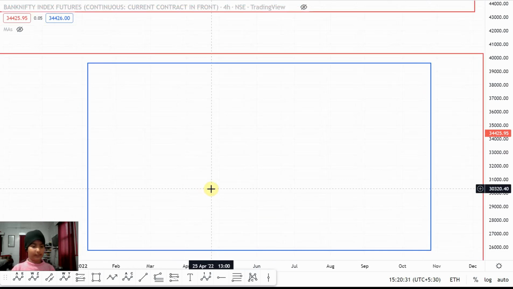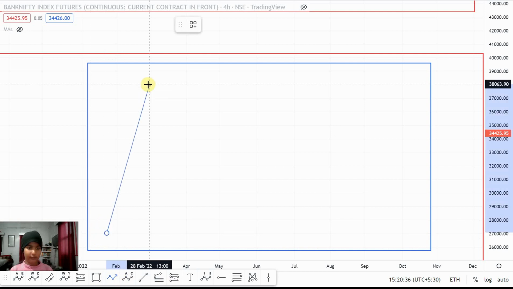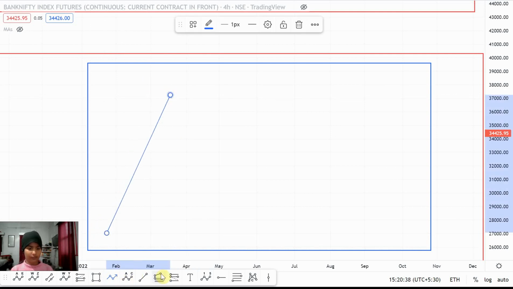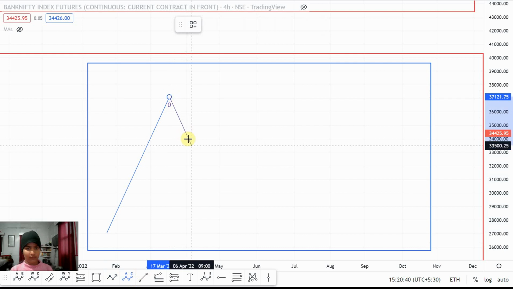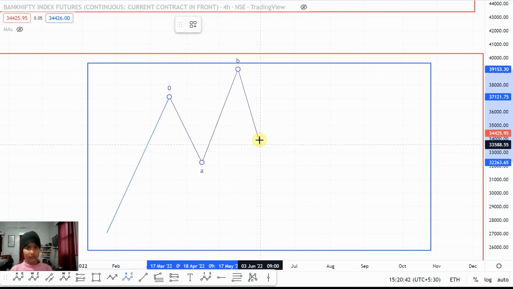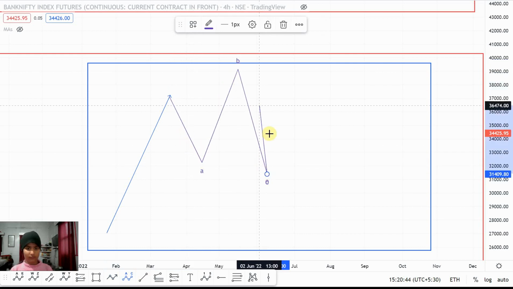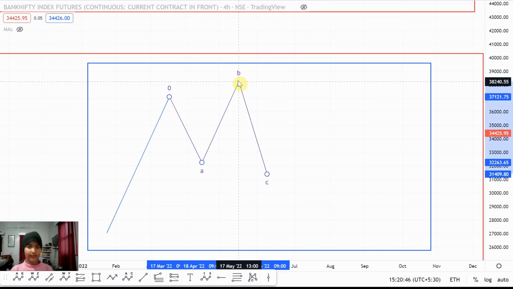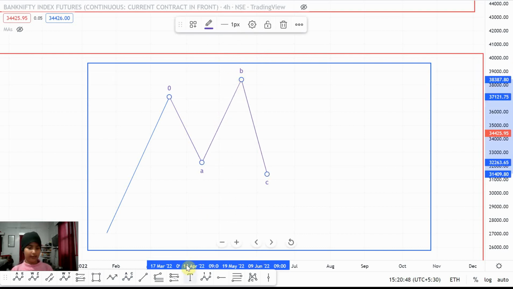Now let's come to our next flat, which is an extended flat.